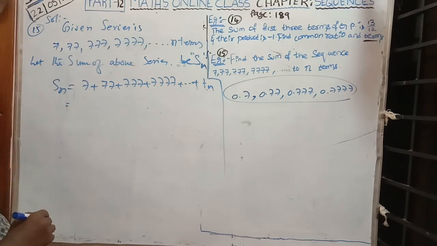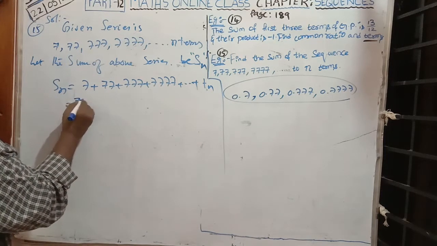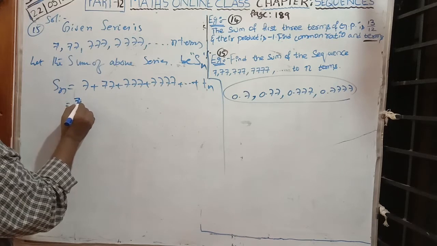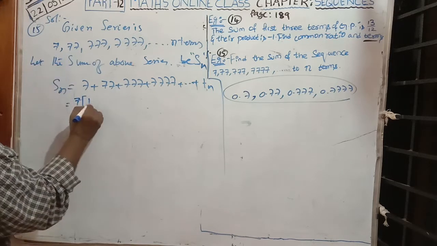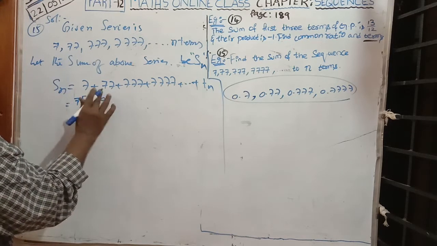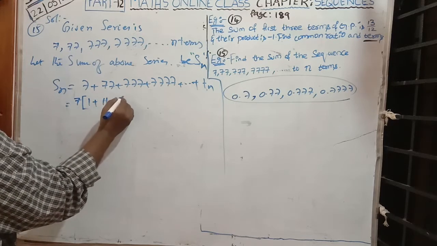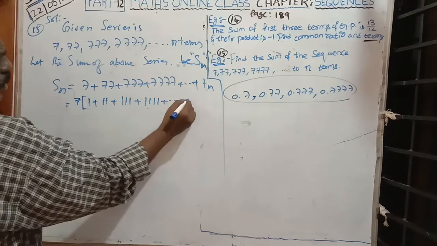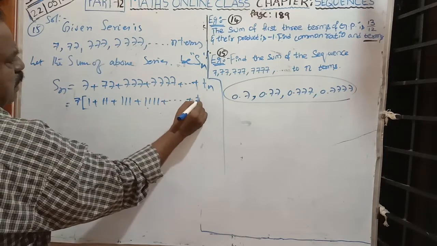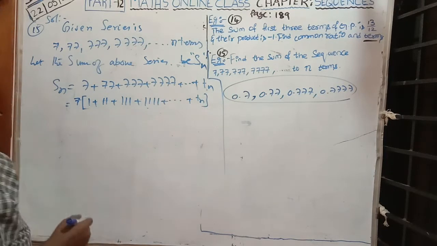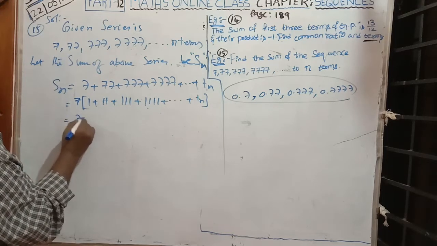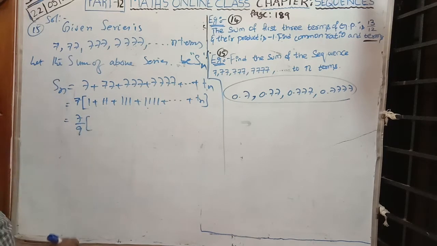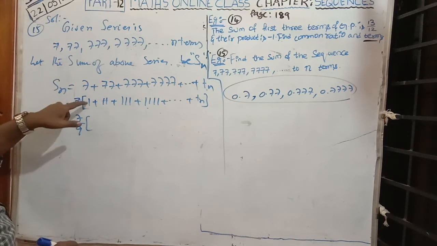You see, 7 we take as common. 1 plus 11 plus 111 plus 1111 plus and so on up to Tn. Tn means nth term. 7 by 9, we are dividing with 9 and multiplying with 9.